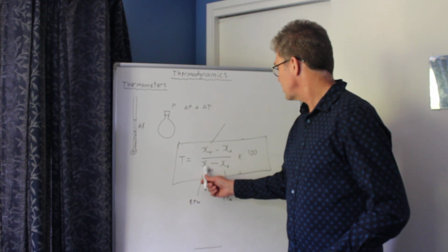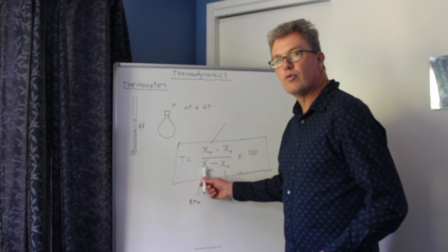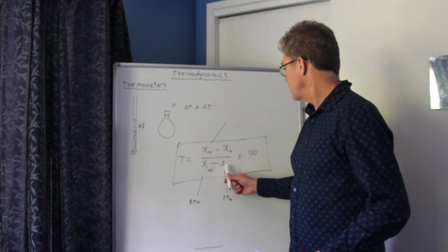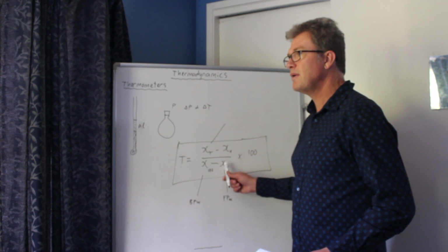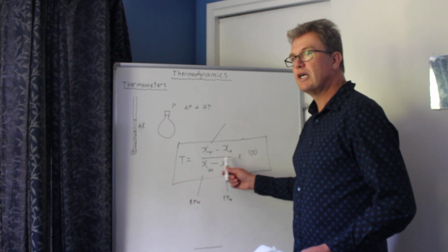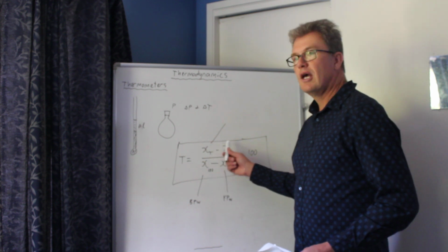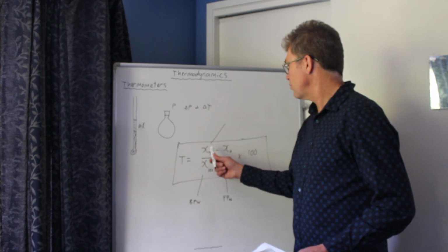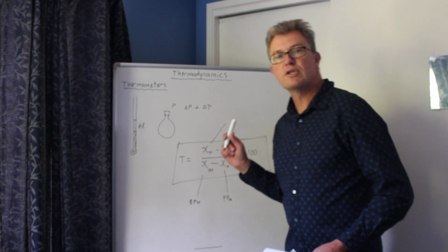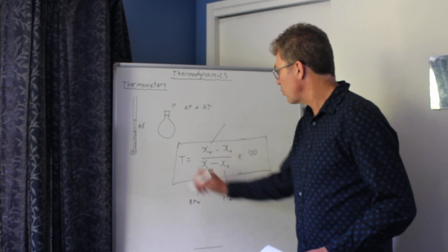So the quantity at the boiling point of water minus the same quantity at the freezing point, maybe it's volume, and the volume changes by a certain amount. Well, at 50 degrees Celsius it will change by half of that amount, which will give you 0.5 times 100, which gives you 50 degrees Celsius. That's the equation we use.